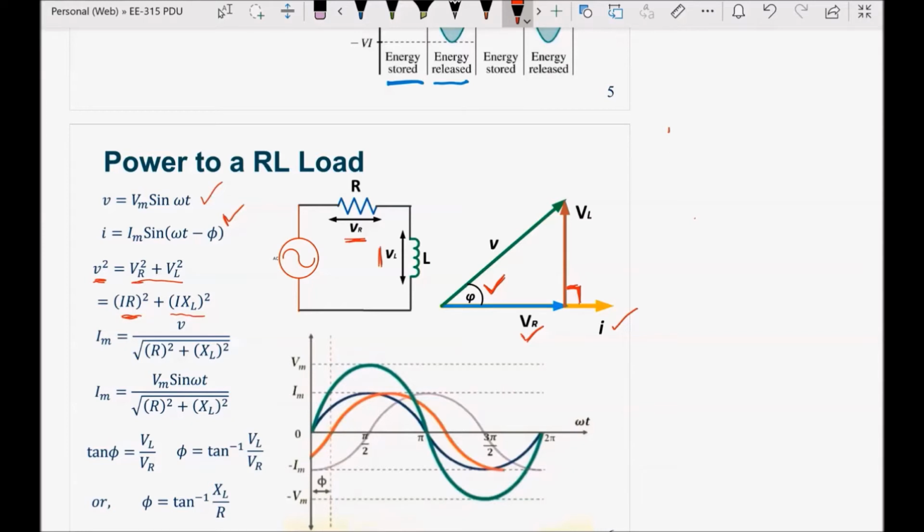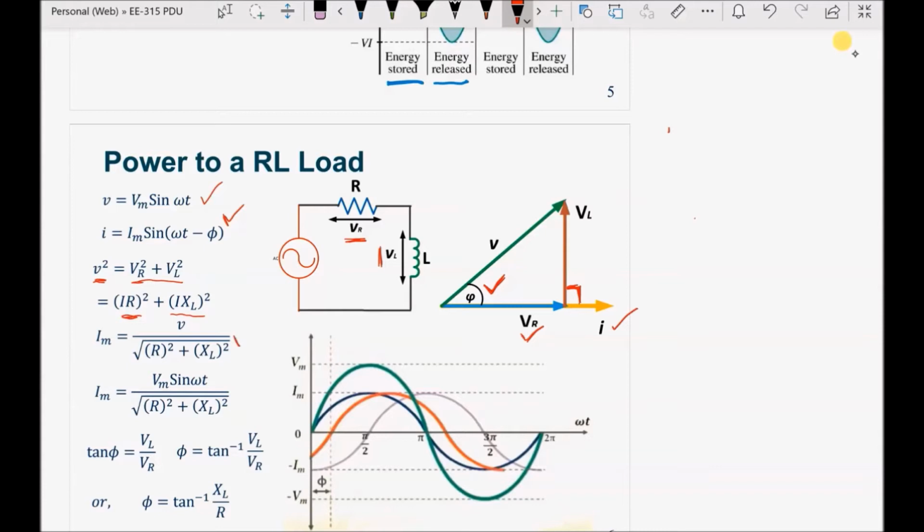In that way we can write down the expression for maximum current, which is Im equals V by R, or V by impedance, and impedance is the square root of the sum of the squares of the resistance and the inductive reactance.